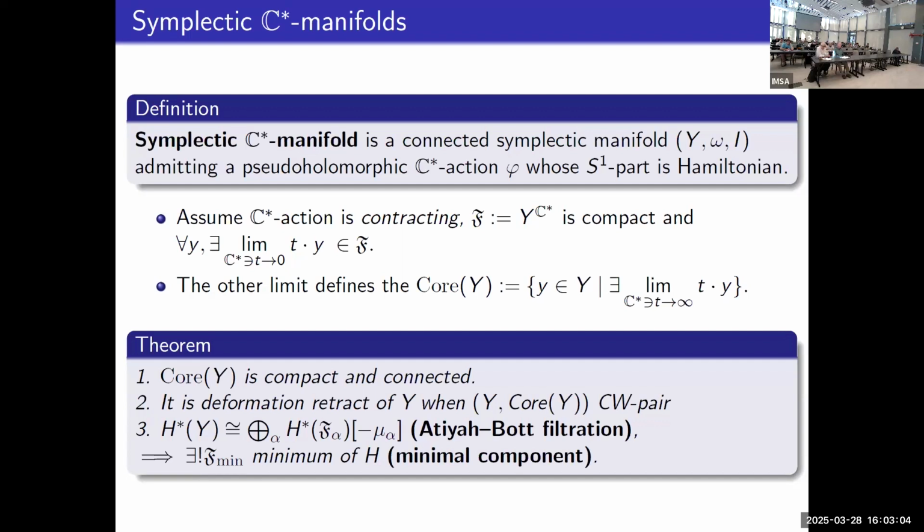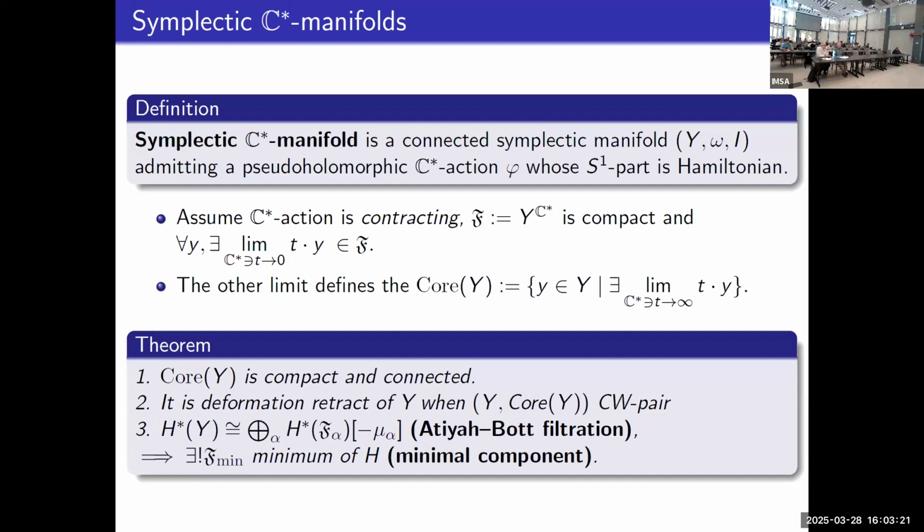This core, which mimics the skeleton, is compact, and it's a deformation retract of the whole space if things are nice, meaning that you have a CW pair, which always happens if you're an algebraic geometer. So if it's a variety, it's always true.